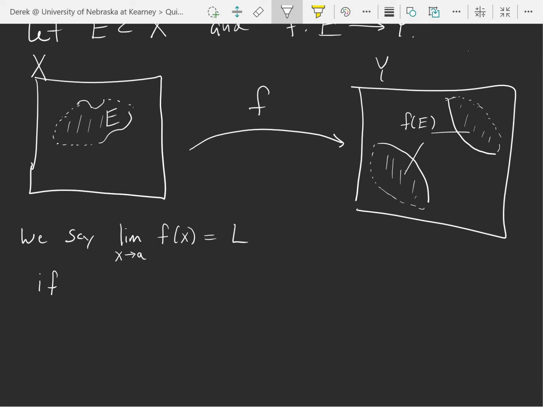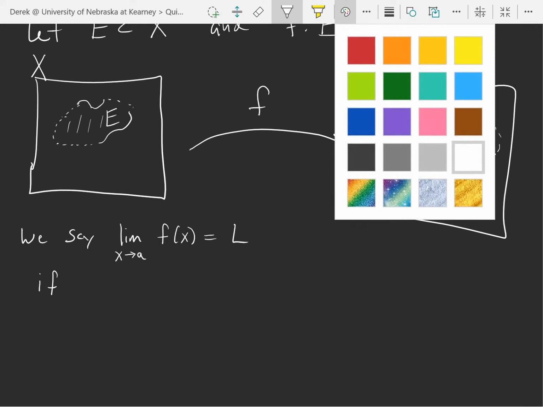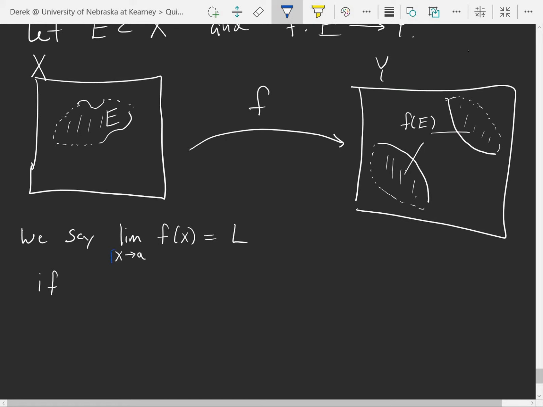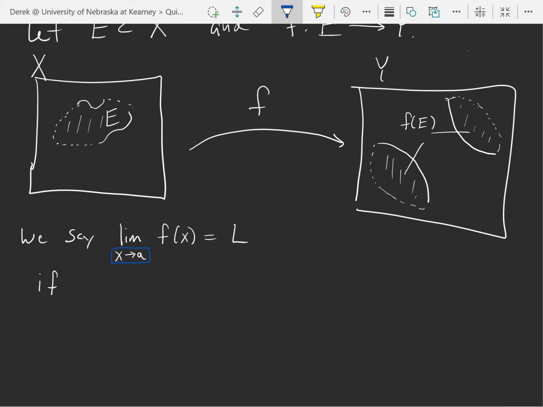We need something to do with inputs approaching a value, and then we need something to do with outputs approaching a value, right? Okay, so if a is in the closure of E, let me put that in white.